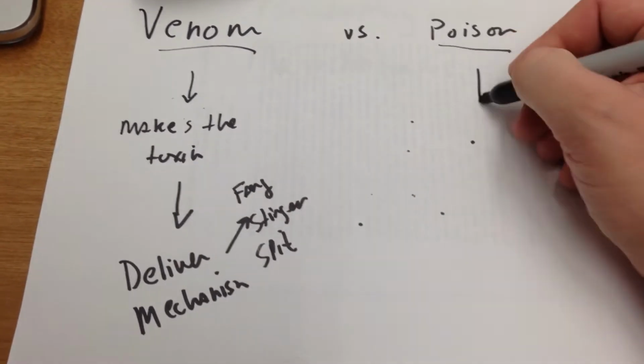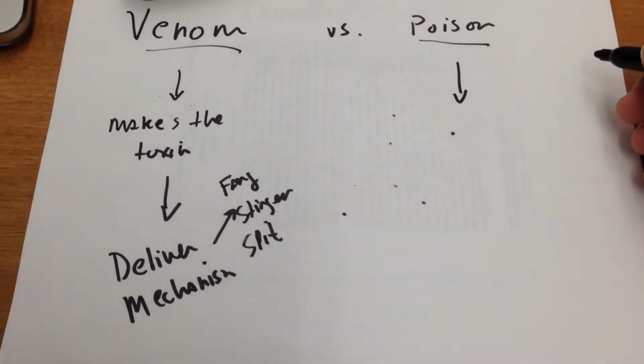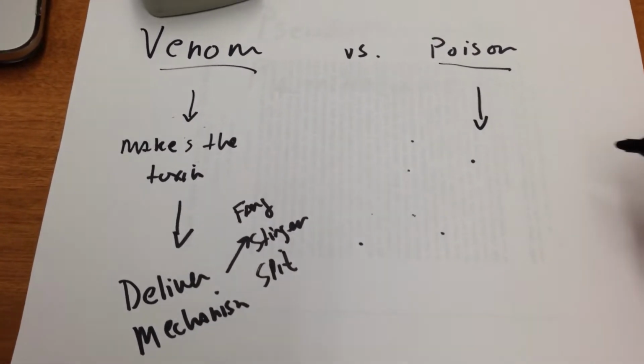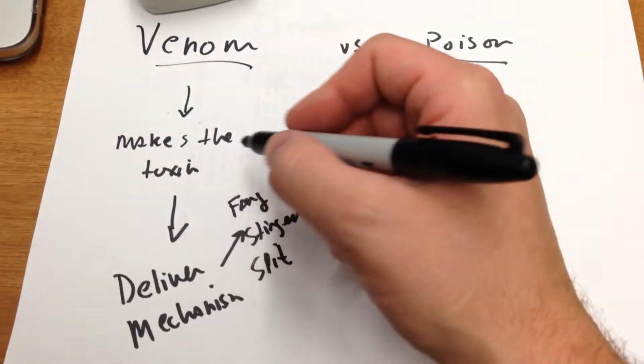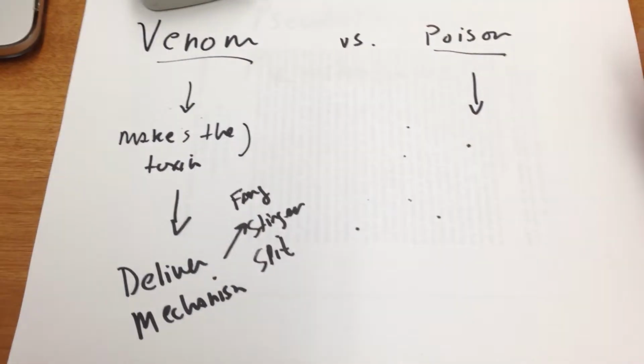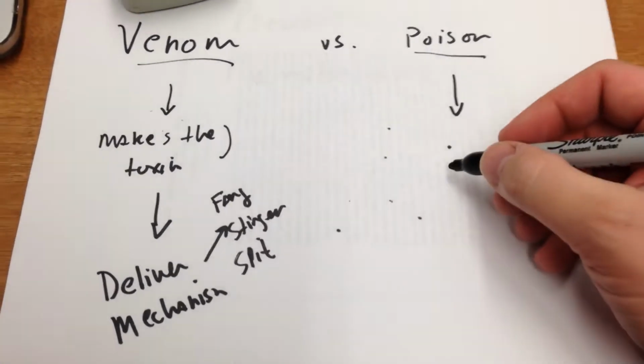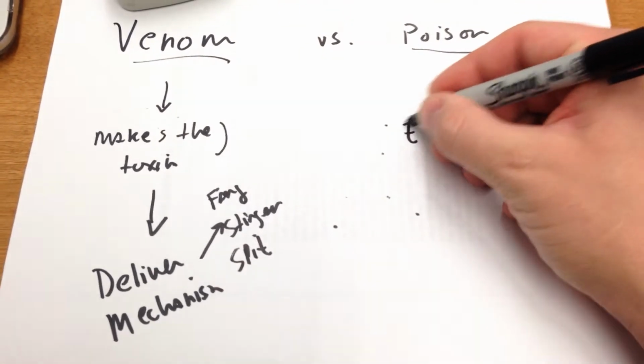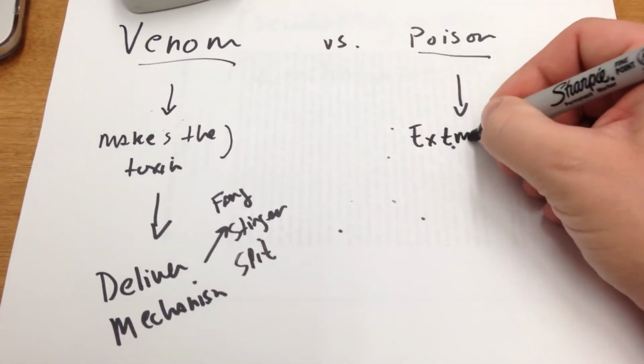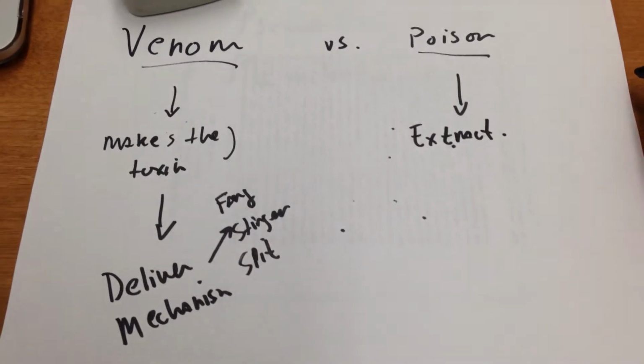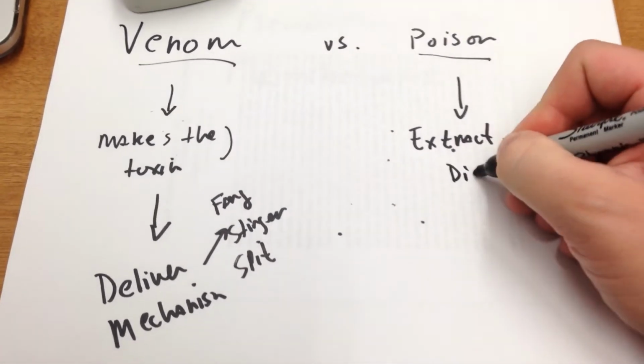Poisonous, however, is interesting. In terms of the poisonous frogs, we don't necessarily think that the frogs themselves make the toxins, but rather that they extract the toxins from their diet.